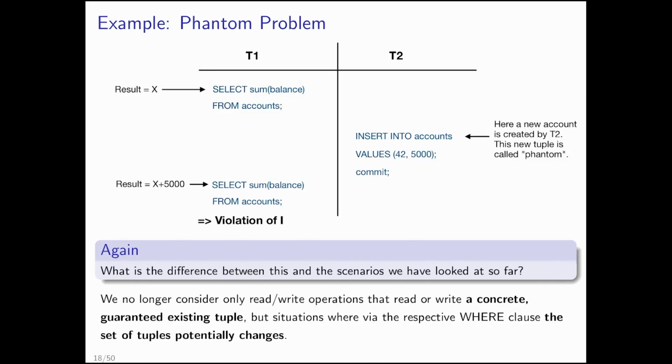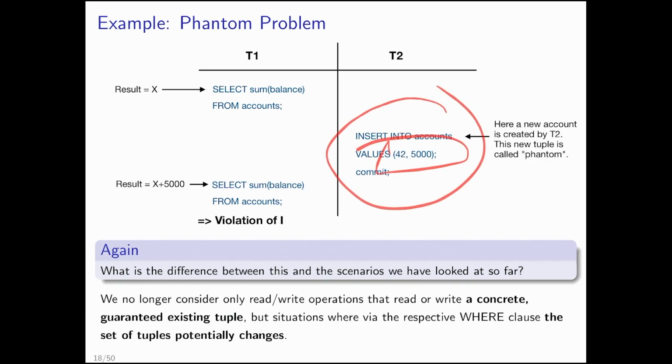So here's an example. Two transactions, one is selecting, it's just aggregating, computing the sum over all accounts. So what is the total money available in the bank over all accounts? That's what this is doing. That returns a number, maybe a float or fixed-point representation, some currency value, and that is assigned to variable x, maybe in your application code. Concurrently, someone creates an account: insert into accounts values 42, 5,000.